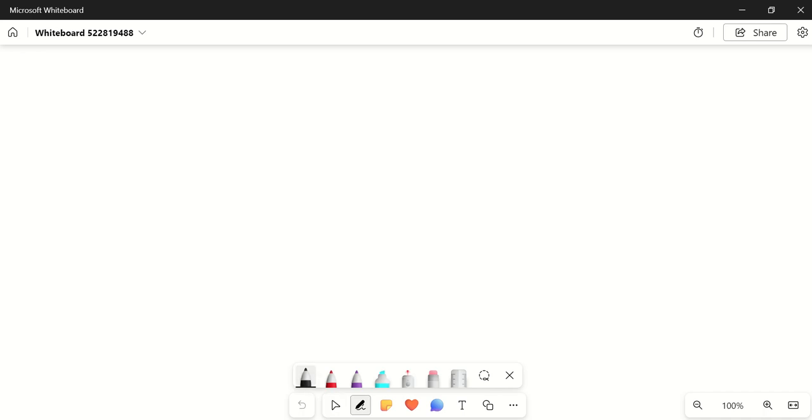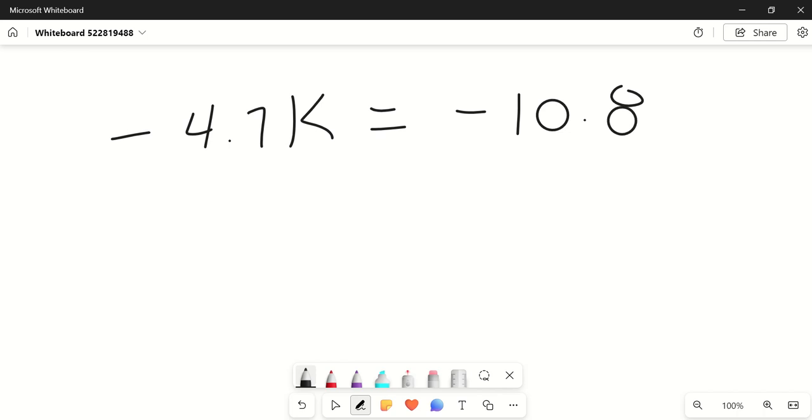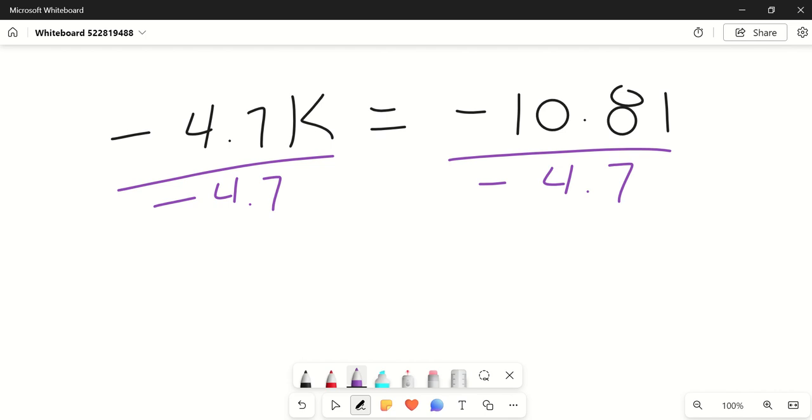That's where the 10.81 came from. So same setup as last time, but now I have negatives involved. So I'm going to divide this side by negative 4.7 and this side by negative 4.7, right? This will cancel out. But what is my answer going to be?